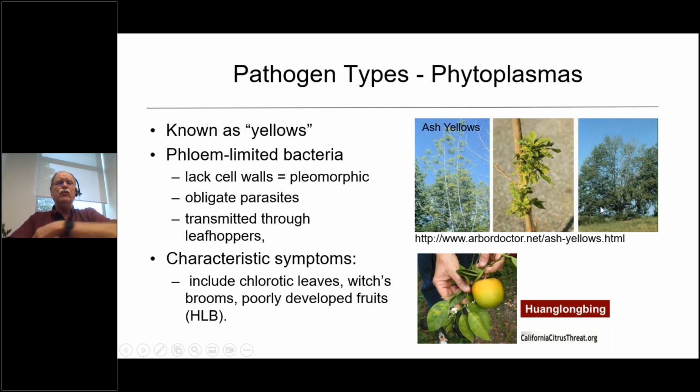It's called ash yellows. A colleague of mine, the original diagnostician at the Texas Plant Disease Diagnostic Laboratory, Dr. Larry Barnes, started the TPDDL, as a matter of fact, back in the early 80s, just as I got to Texas A&M. He was pretty sure, using the tools we had back then, that he successfully detected ash yellows in Arizona ash.